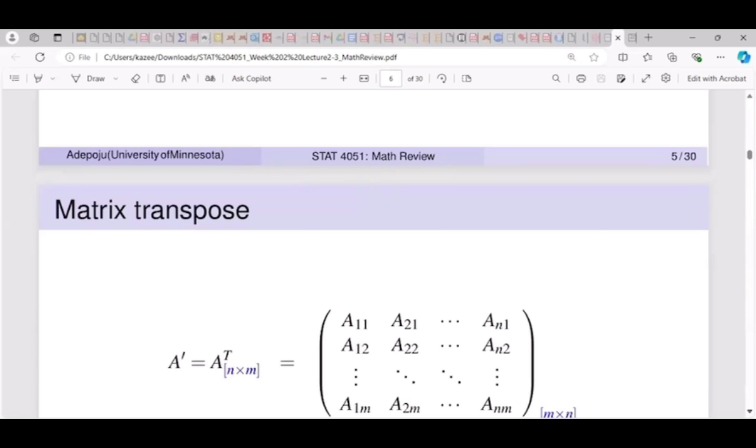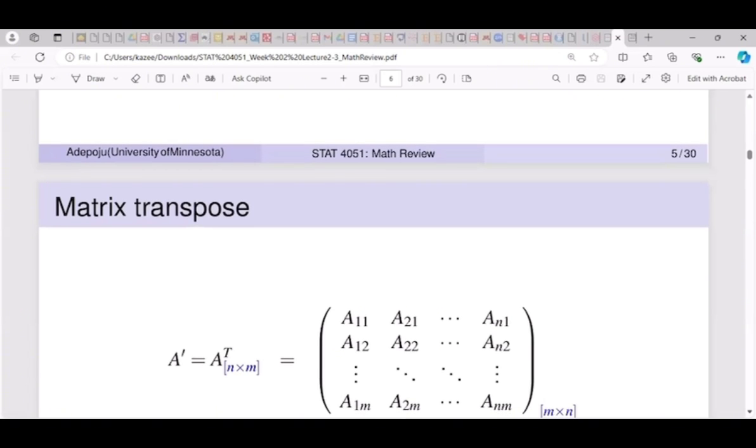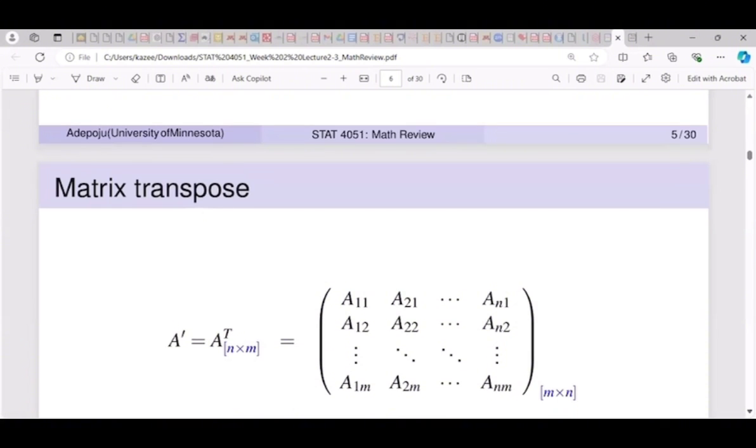Changing the position is trying to rearrange the data structure for better analysis. If I have a matrix A with m by n dimension and I obtain the transpose of the matrix, then the dimension will be reversed. Initially it was m by n, and it's going to change to n by m.